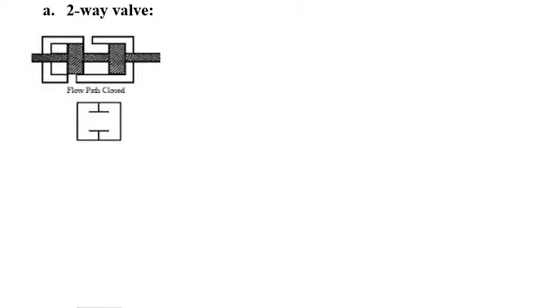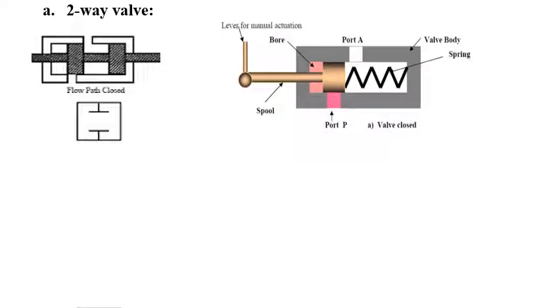You can see this diagram here. Port P and port A are present. Port P is from the pump, and A is towards the actuator. So two ports, hence it is a two-way valve.